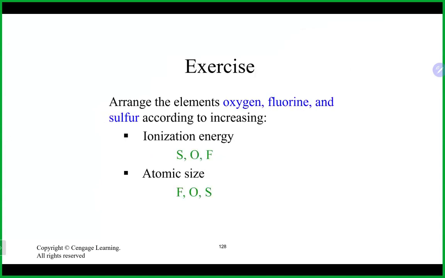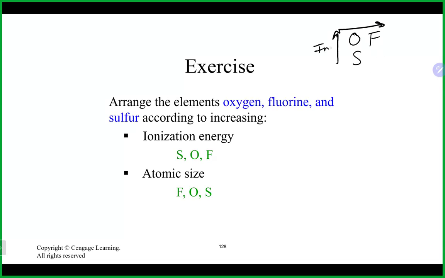Now, in terms of ionization energy, for oxygen, fluorine, and sulfur, if we look at the periodic table, this is their location. And ionization energy increases as you go up and to the right. So sulfur, oxygen, and fluorine should be the correct order, fluorine being the highest in terms of ionization energy. Now, in terms of size, it actually decreases, right?